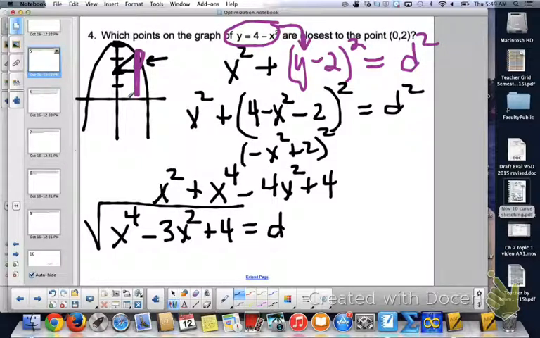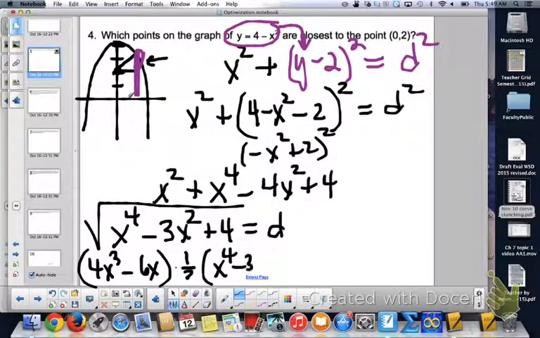Yikes, that's what we want to take the derivative of. So the derivative of the inside is 4x cubed minus 6x times the derivative of the outside, which is 1/2 times this whole thing to the negative 1/2, equals d prime.